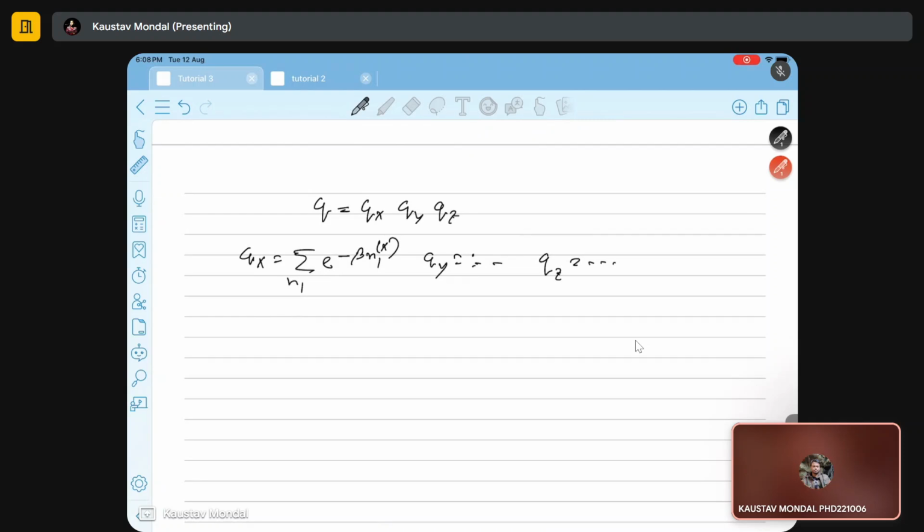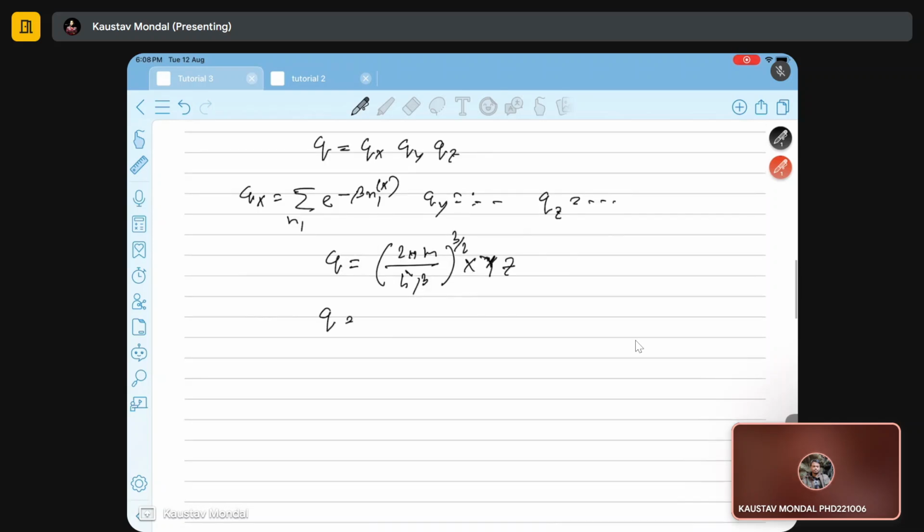Now after knowing qx, qy, qz, if we substitute those into the expression of q, we will get (2 pi by n h square beta) to the power 3 by 2 times x y z.